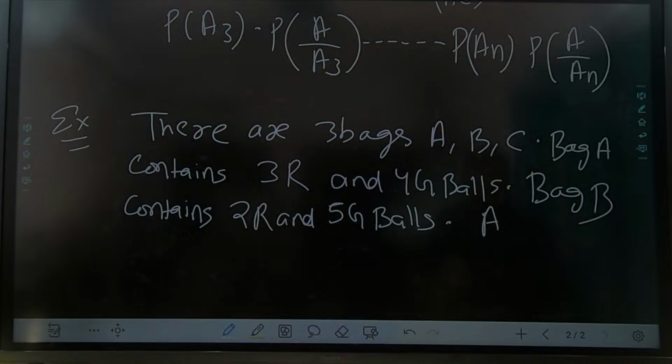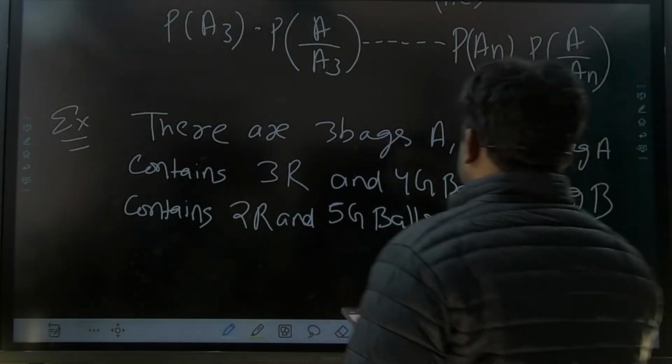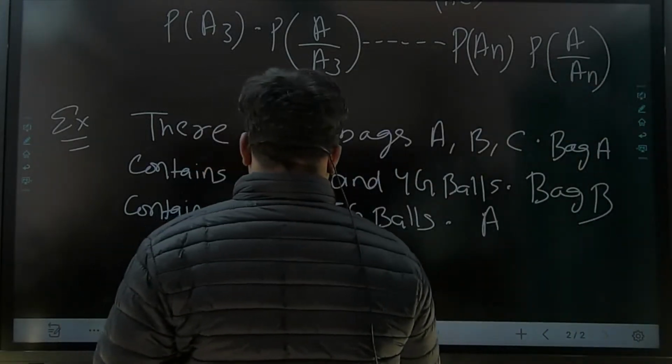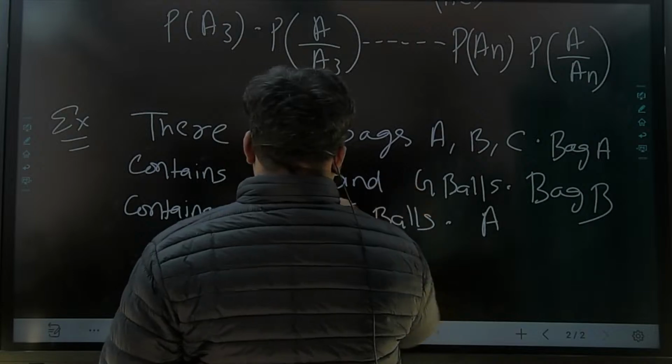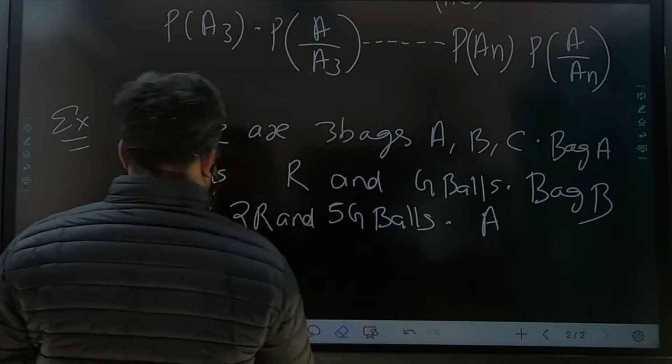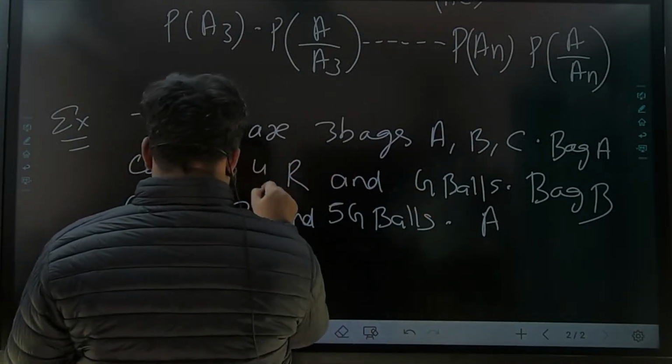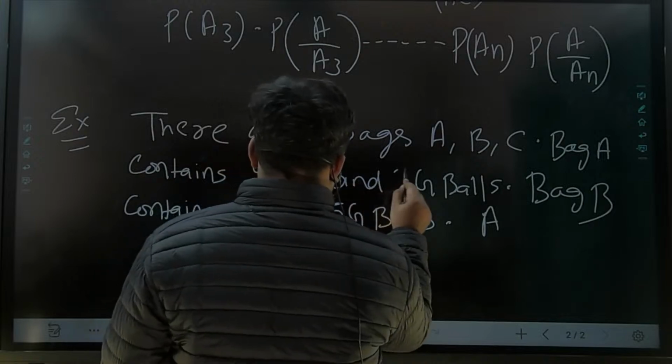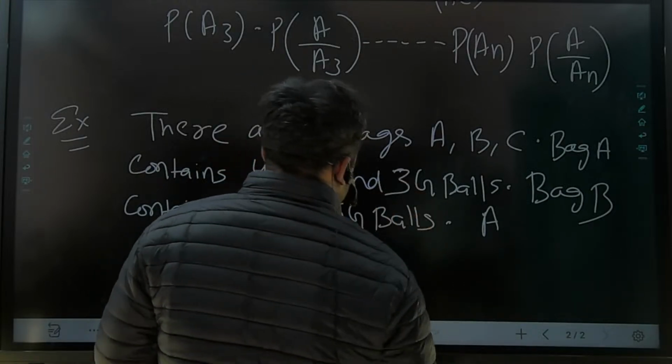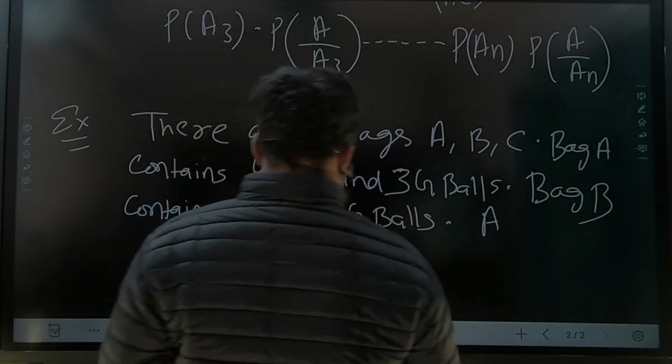There are 3 bags A, B, C. Bag A contains 4 red and green balls. Bag B contains 4 red and 3 green balls. One minute, I'll just change this only.